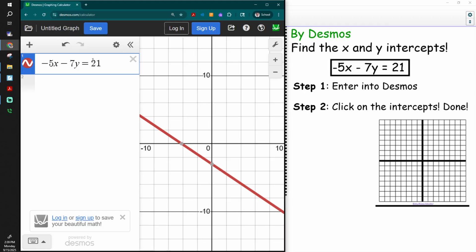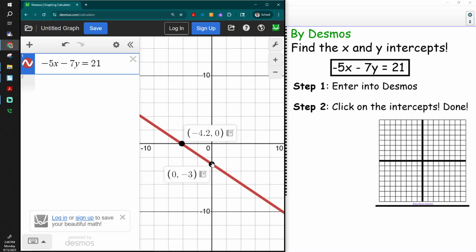Now all we need to do is find our intercepts, which, watch very carefully. Here's my little mouse. You're going to take your little mouse and click on the line. Highlight the line. What pops up when I click on the line?